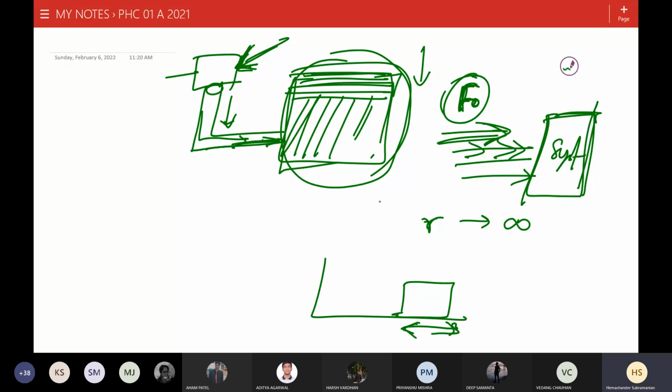You supply some external force F naught. Will you be able to move this block when R is extremely high? No, sir. Obviously the velocity is 0, so the power supplied would be 0, because the block doesn't want to accept.